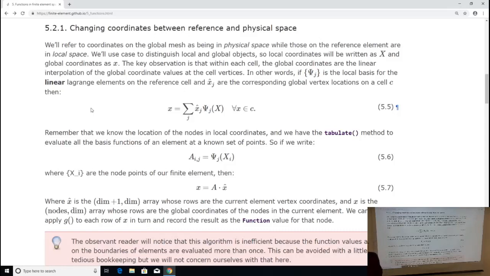The coordinates of any point inside the triangle are the linear interpolation of the vertices. And if you take the linear finite element space, what does the linear finite element space do? It defines the linear interpolation between the vertices. So actually, there's just a finite element space for space.